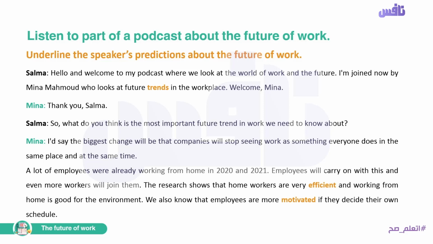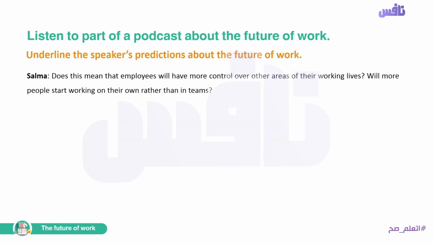The research shows that home workers are very efficient, and working from home is good for the environment. We also know that employees are more motivated if they decide their own schedule. Salma: Does this mean that employees will have more control over other areas of their working lives?